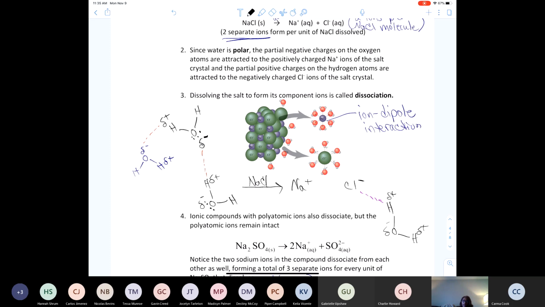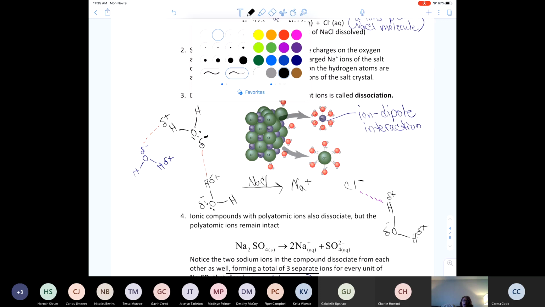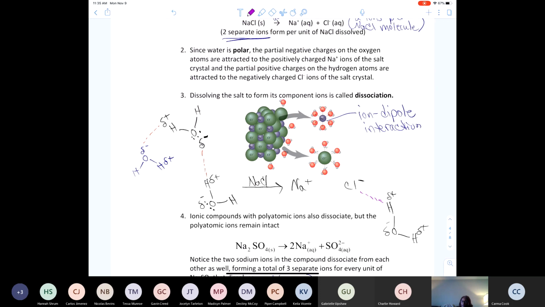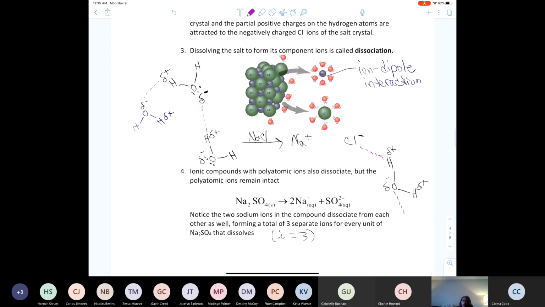And also, the partial negative charges on the oxygens of the waters are now going to be attracted to the full positive charge on the sodium ion.